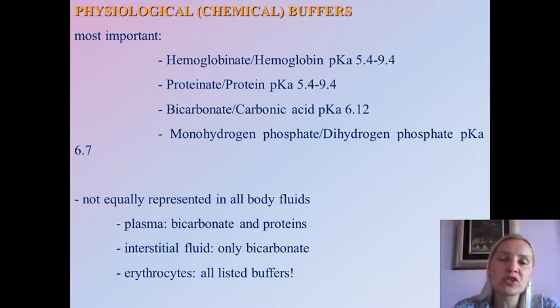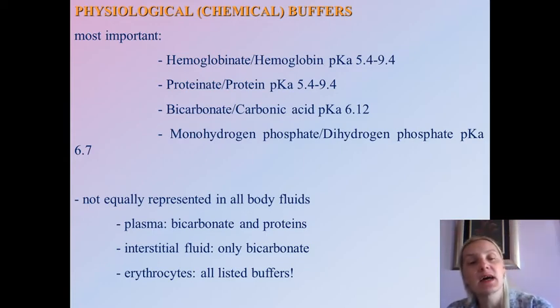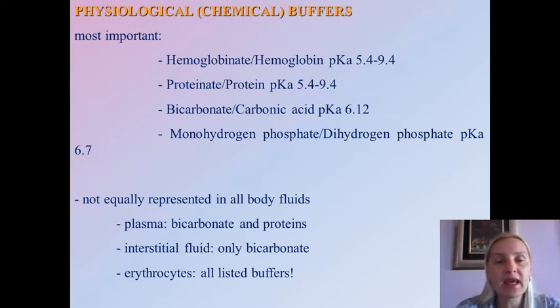Then we have protein and proteinate with the same range in pK values. Carbonic acid and bicarbonate form the bicarbonate buffer with a pK of 6.1, and the phosphate buffer contains dihydrogen phosphate as the acidic component, and hydrogen phosphate as the conjugated base, with a pK of approximately 6.7.